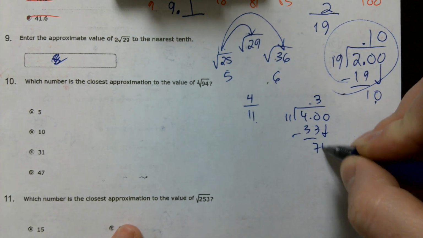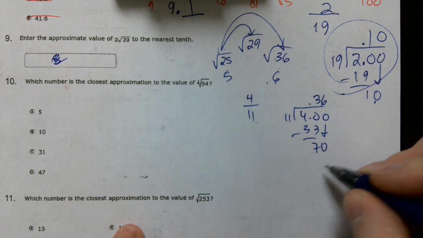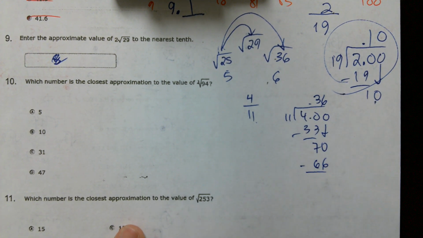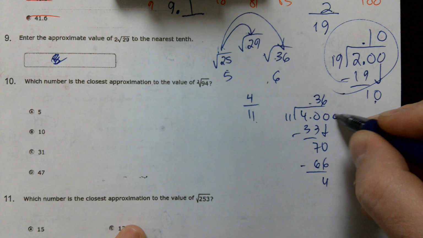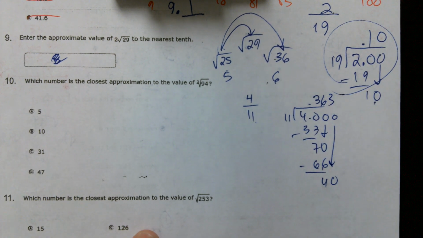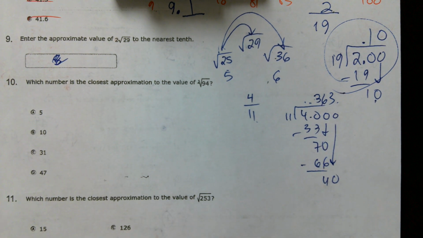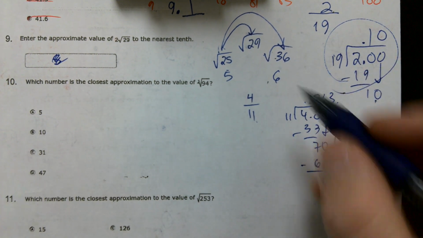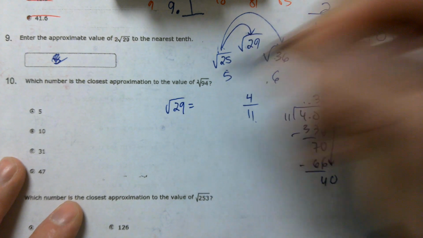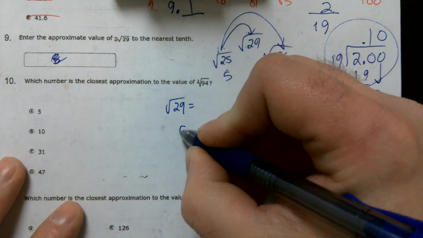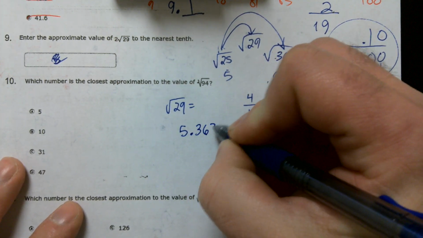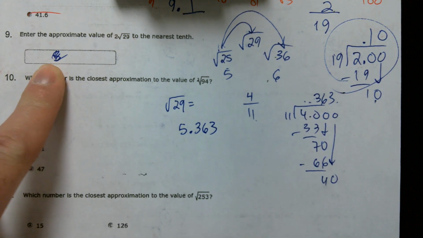Minus 7, bring down the 0. 6 times into 70, 66. 4, bring down the 0, 3 again. All right? So 0.363. So I could say the square root of 29 is equal to 5.363. Is that going to be my answer here?